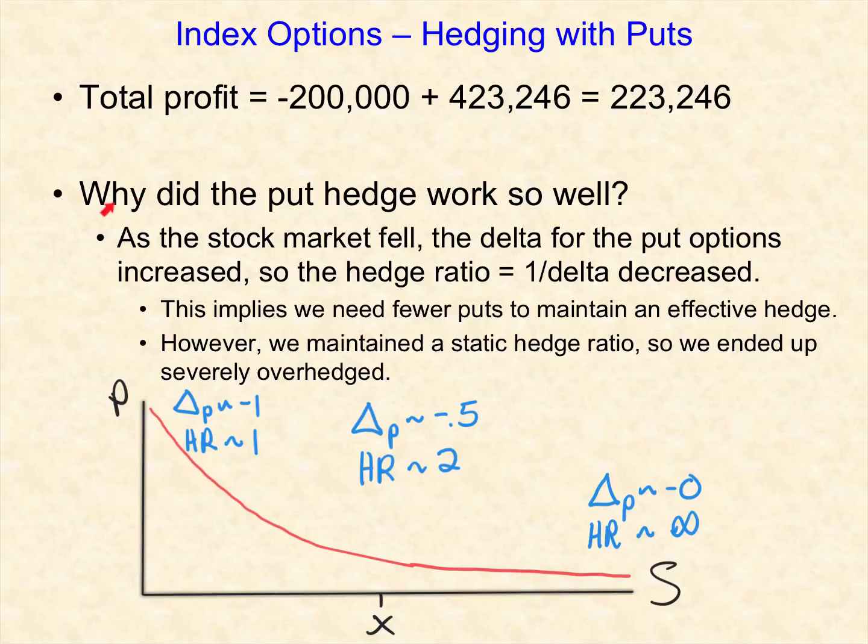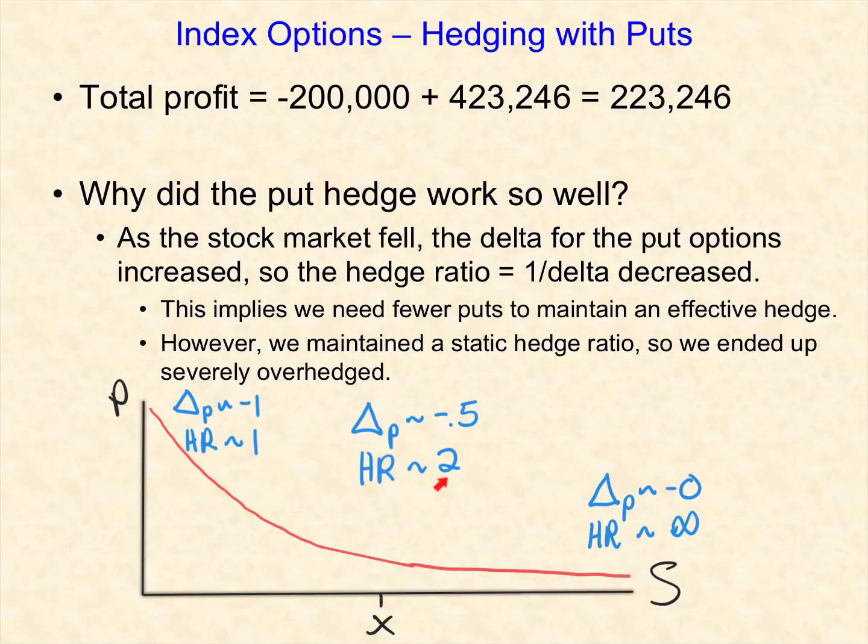$223,246. Why did the puts work so well when the call options worked so poorly? The answer, of course, is the option's delta. As the stock market falls, delta for put options increases, and so the hedge ratio, which is 1 over delta, will decrease. Let's have a look down here. So initially, we're using at-the-money options, so we had a hedge ratio of about 2.